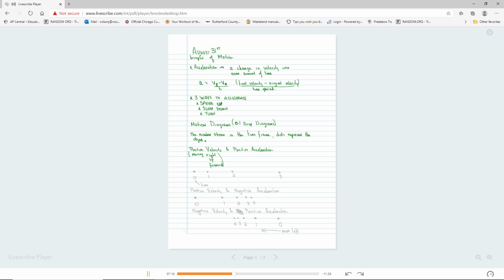We consider right positive, up positive, and forward positive. We do that so we match up with math. So what would it mean to have a positive velocity? It means you're moving to the right. And acceleration that's positive is going to be acceleration to the right.